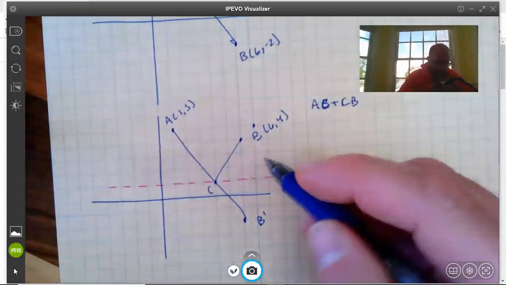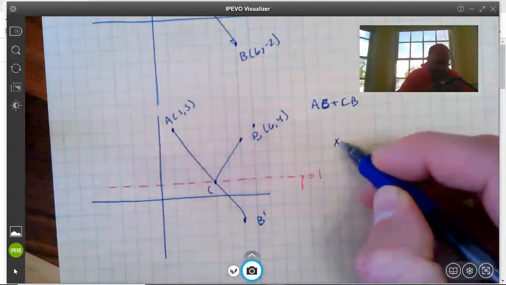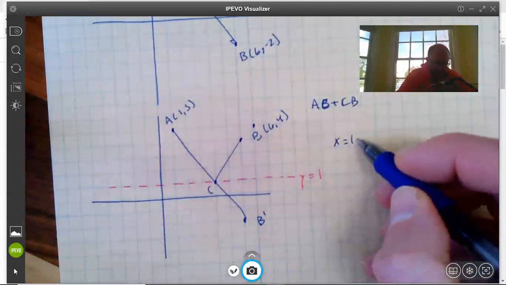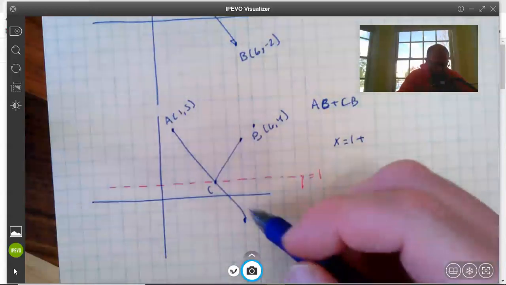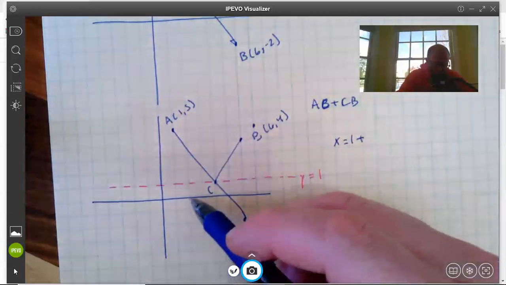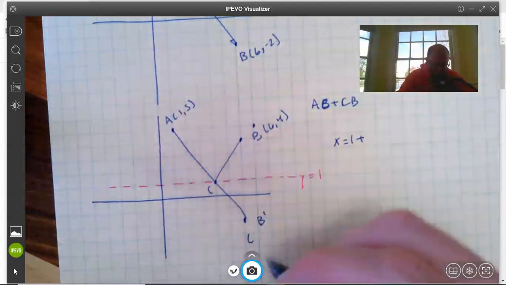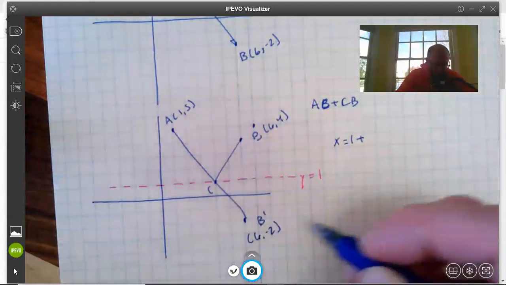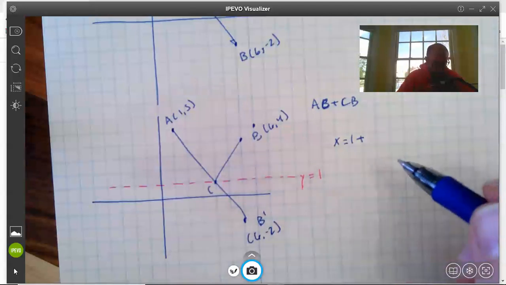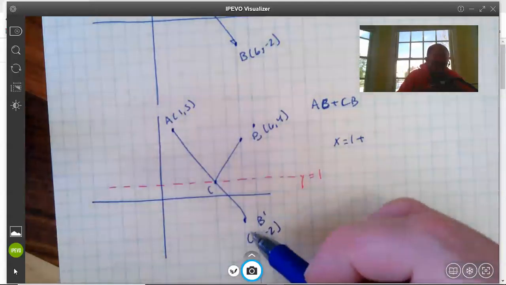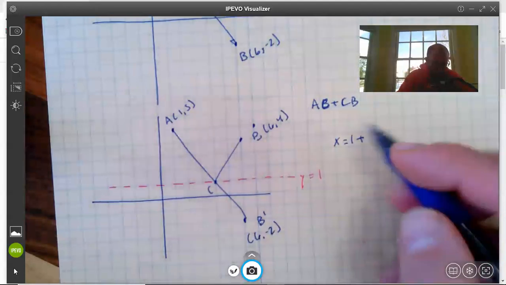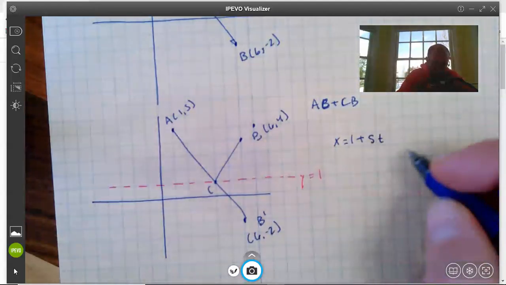Well, let's write out our parametric equations again. 1 plus 5t, since the point is 6, negative 2. Oh, that's crazy, I picked the same one. So 1 to 6 is 5.